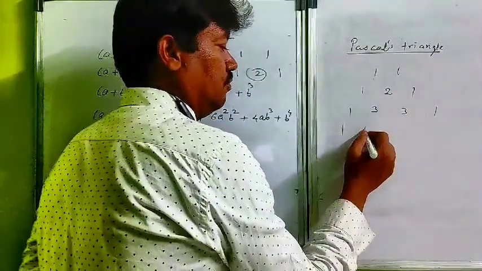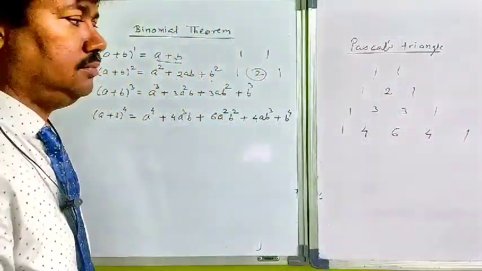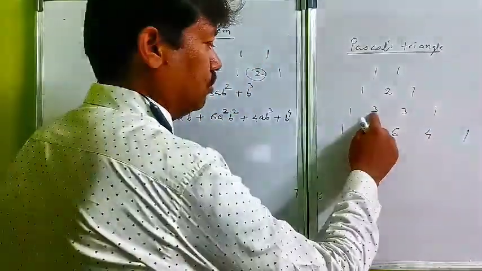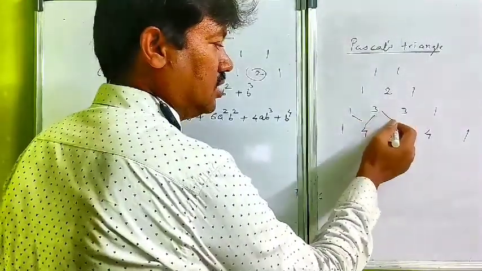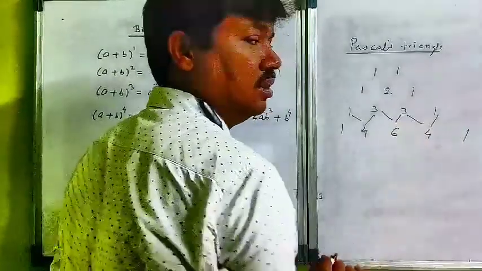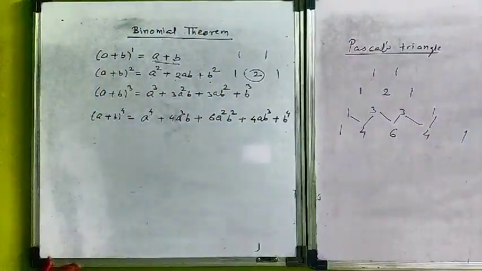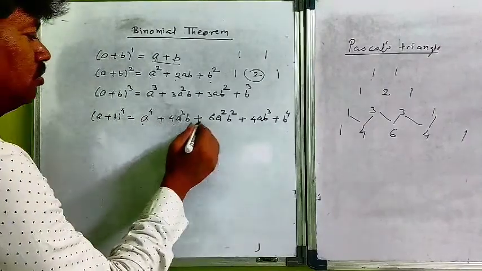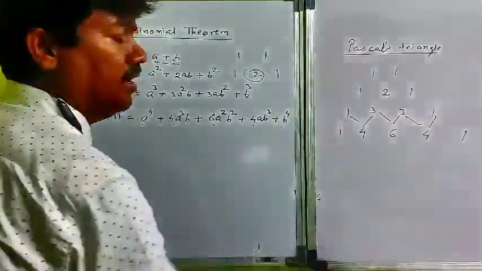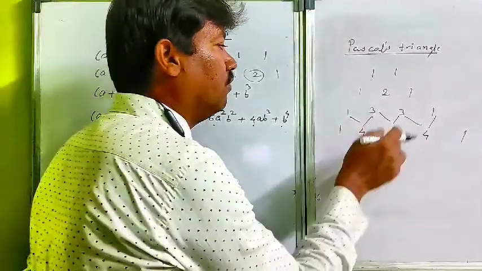Next coefficients 1, 4, 6, 4, 1, that is the sum of these two is here, sum of these two is here, like that. So you will get that coefficient from this triangle.